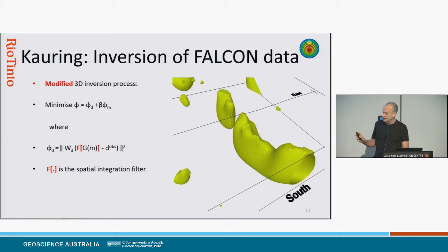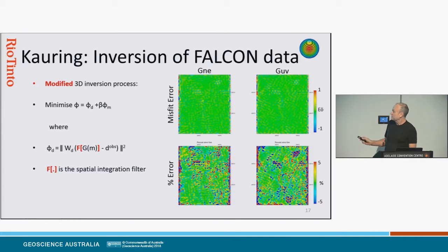And you can see that if we compare, so that's the inversion model that we generated. In terms of the misfit errors, you can see that there's some structure in terms of the -1 to 1 ERTVOS at the edges, and that's simply because the line integration doesn't have information outside the data space, so the approximation at the edges infiltrates into the edges of the inversion errors.